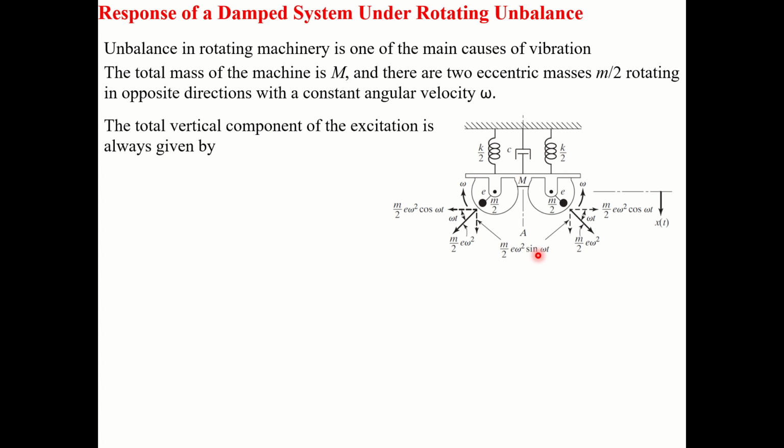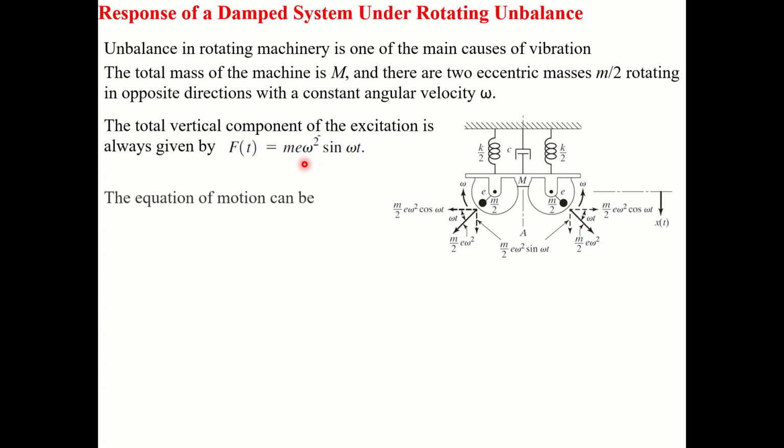The total vertical component of excitation is given by F(t) = m e omega square sin omega t. This is the horizontal component, this is the vertical component. The vertical component is sin omega t, and the magnitude is m e omega square. If eccentricity is not there, it will be m omega square.